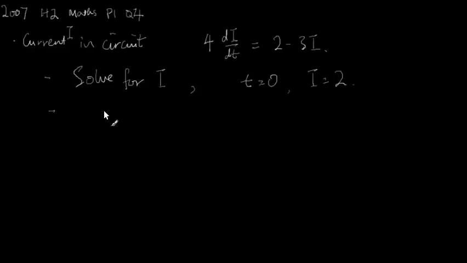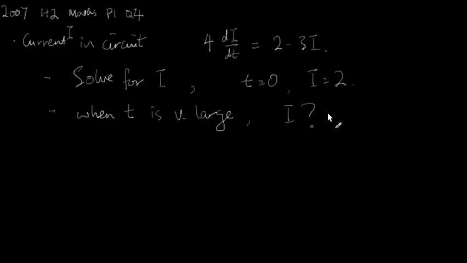And the next part of the question is when t is very large. When t is very large, what happens to I? So that's the next part. It's just these two parts to the question.